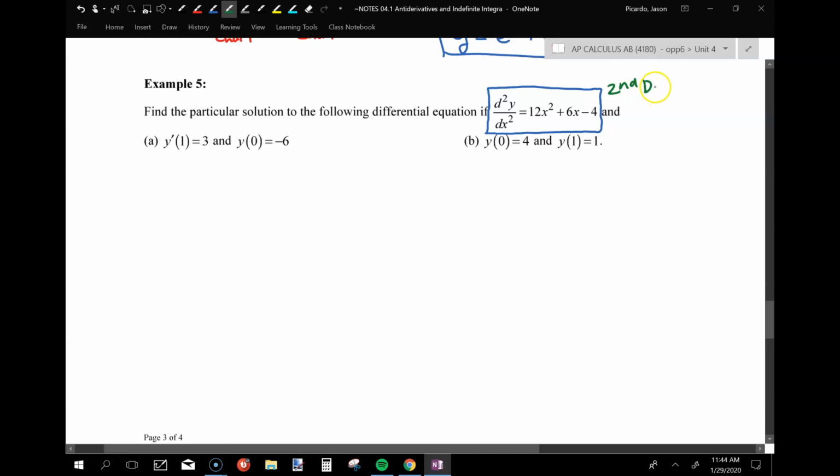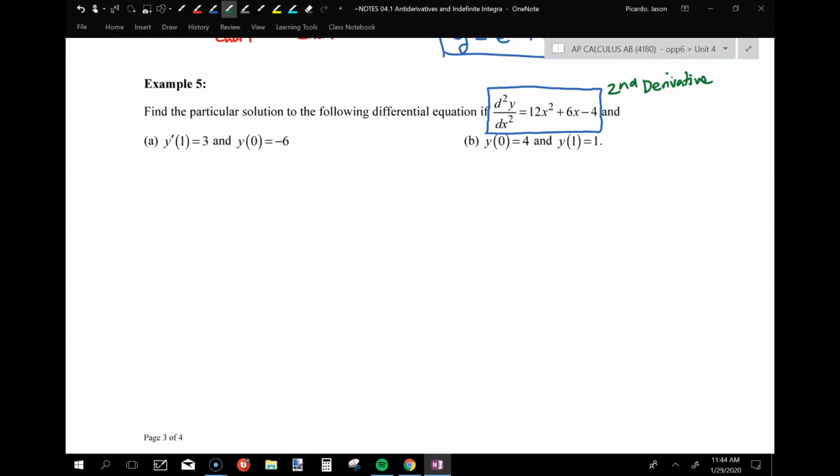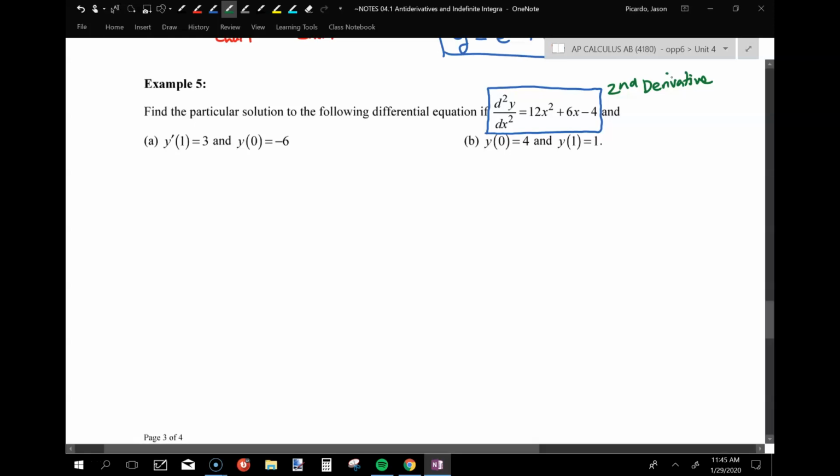All right, here we go, guys. What I've given you here is the second derivative. So this is still solving a differential, except we're going to be working with multiple antiderivatives, right? If I can take two derivatives, then I can take two antiderivatives, right? Two steps forward, two steps back in a sense. So here I give you the second derivative.